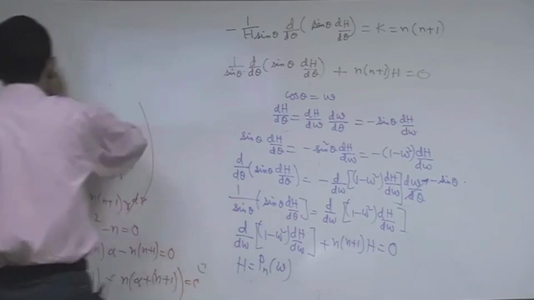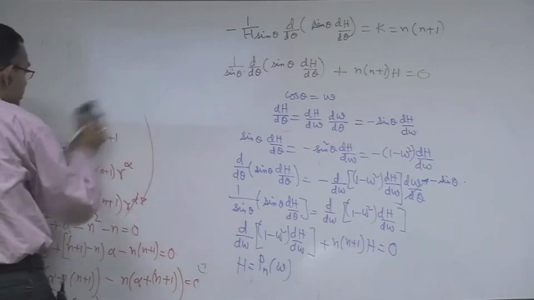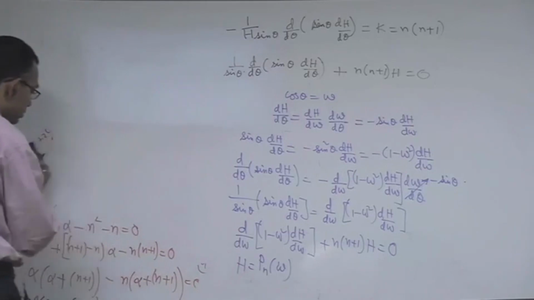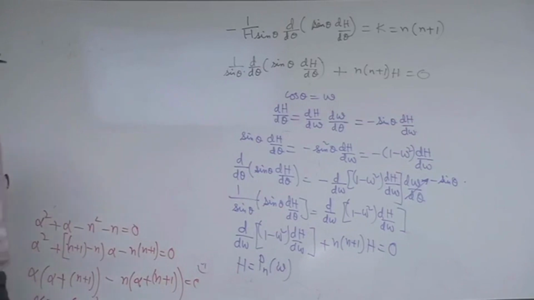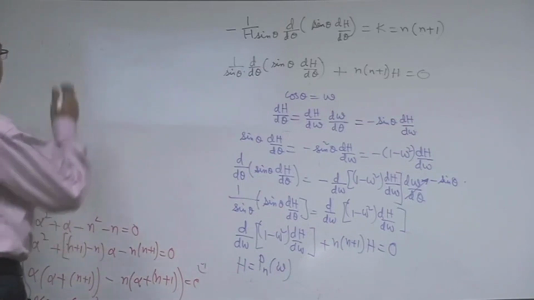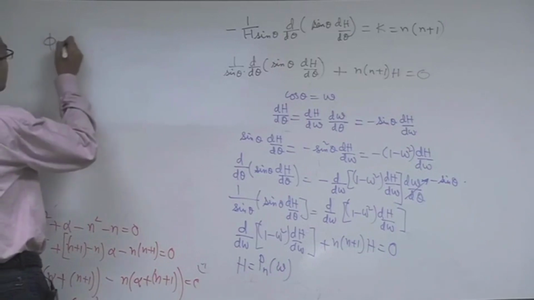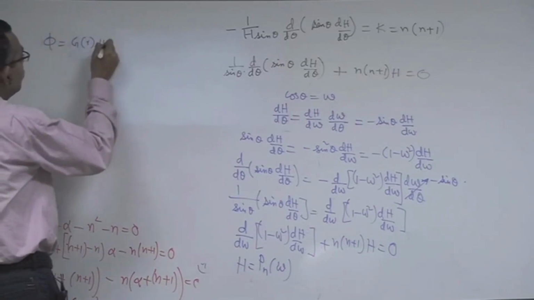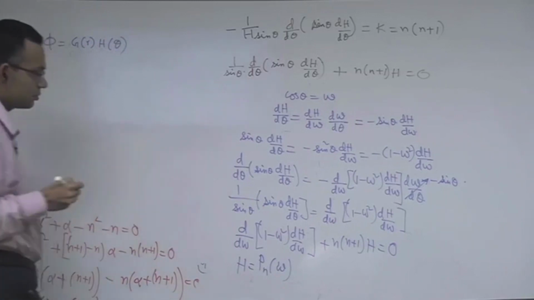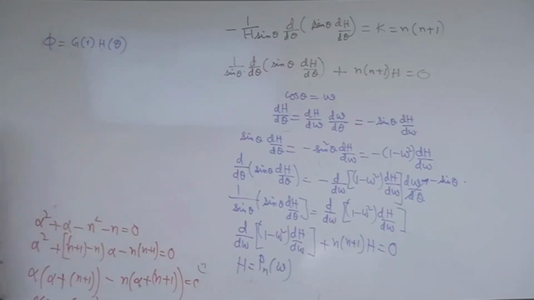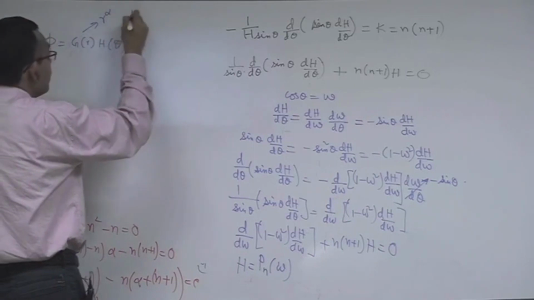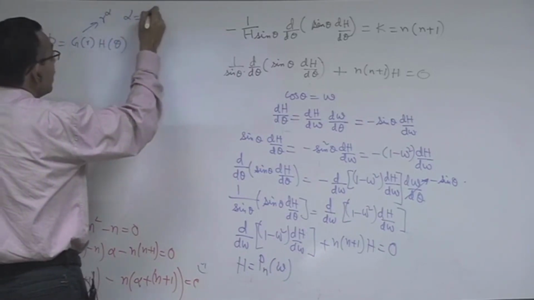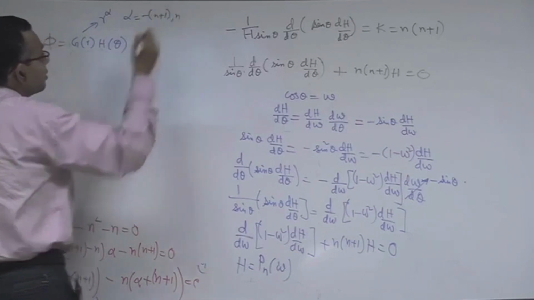So, let us write the general solution. Recall that your phi was g(r) into h(theta), and this g(r) was r to the power alpha with alpha equal to minus of n plus 1 and n.